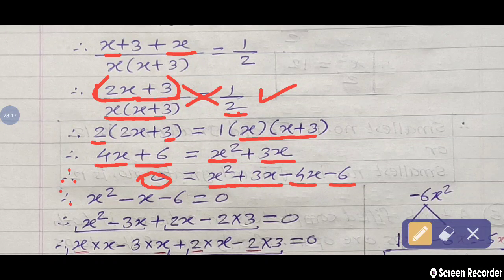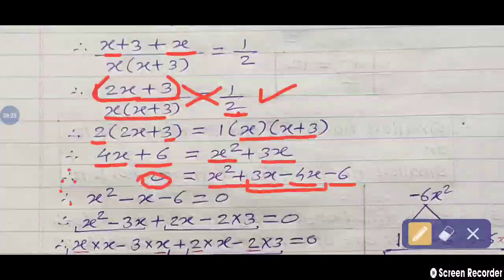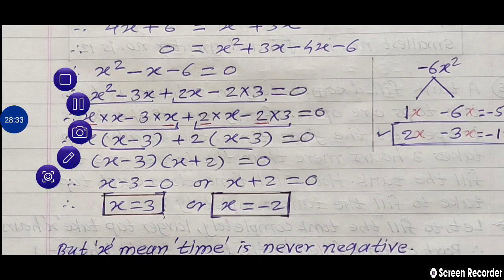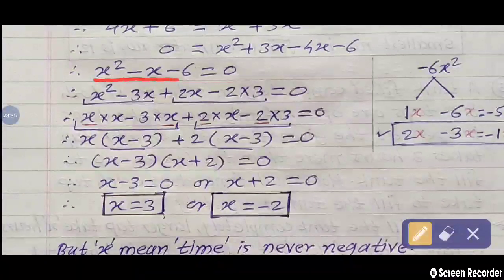Therefore, x square plus 3x minus 4x means minus x, and minus 6 remains as it is. One side is 0, that we are writing on the left hand side. So we obtained a quadratic equation: x square minus x minus 6 is equal to 0.